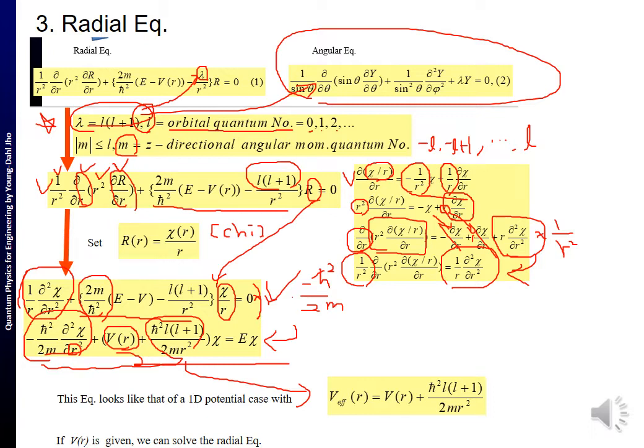This equation looks like that of a one-dimensional potential case with V effective. So if V(r) is given, we can solve this radial equation. And the most important problem is the Coulomb potential problem, where V(r) is proportional to 1 over r. And that is actually the hydrogen atom problem.